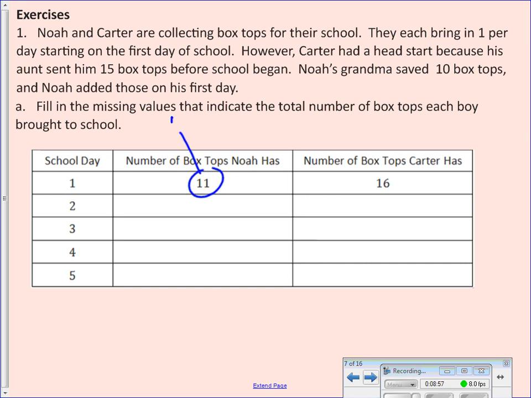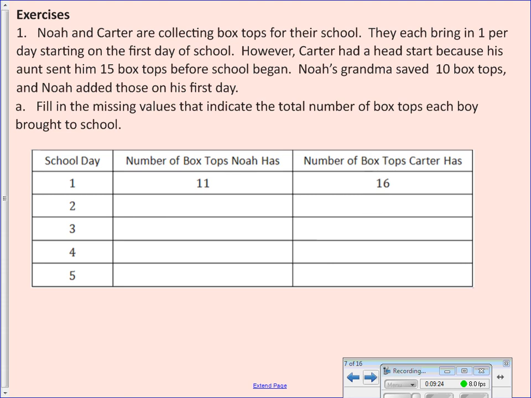So the 1 that he was bringing in for the first day plus 10 from Grandma. Exactly. Where did Carter's 16 come from? Right, 1 that he was bringing in plus the 15 from his aunt.